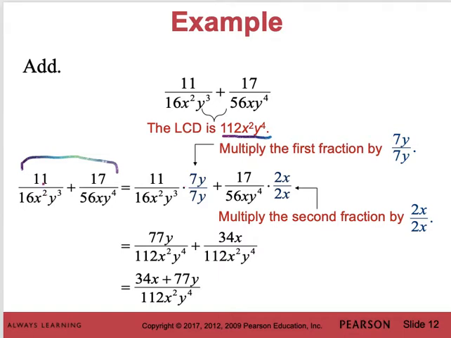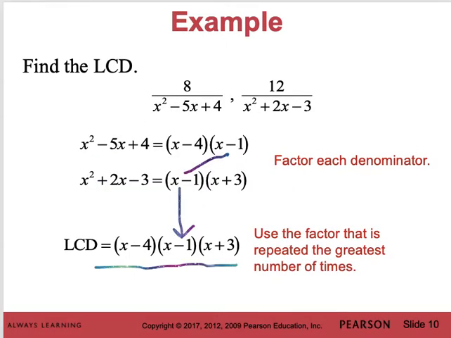In the first expression here, with this 11, we're multiplying by 7y over 7y. And in the second expression here, we're multiplying by 2x over 2x. So let's look back as to why we might be multiplying by 7 and by 2.